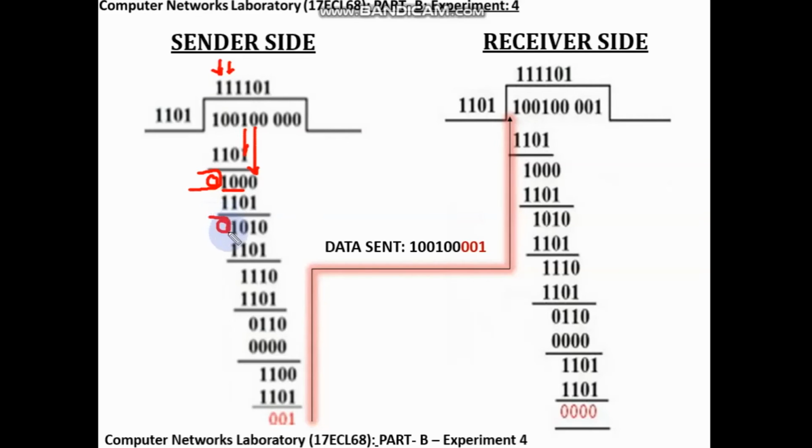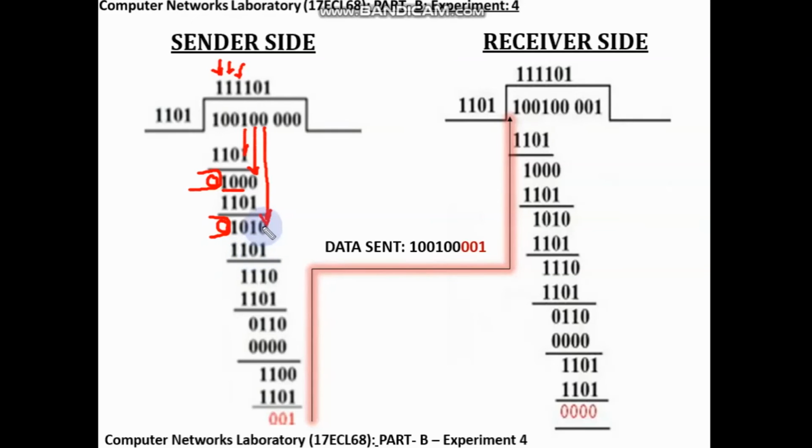Discard this 0, pull down one more 0 to the result. Again, do the similar process, and you'll get this 1 here.